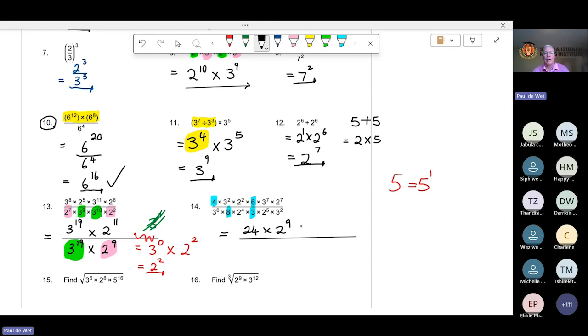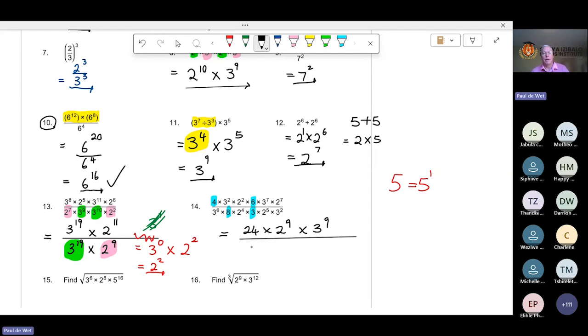All together, I've got 9 2s multiplying together. Now I'm going to do the 3s. I've got 2 3s here and 7 3s here. Altogether, I've got 9 3s as well. So that is how the top simplifies.